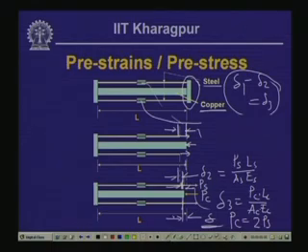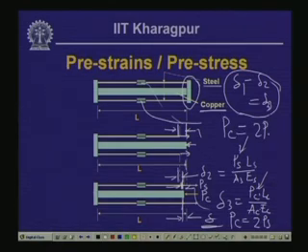So, we have the equation of compatibility, delta 1 minus delta 2 equals delta 3, which can be written in terms of Ps and Pc, and we have the equilibrium equation, Pc equals twice Ps. These two equations in combination will give us the values of Pc and Ps.